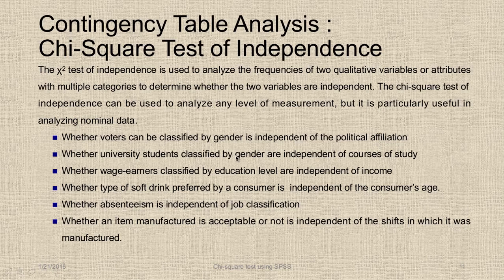Similarly, we can check the gender of the students and the course of study they are choosing. Or whether wage earners classified by their education level are independent of the income. That means we want to check whether there is some association between education level of the wage earners and their income level. And similarly we can perform in other cases like this.